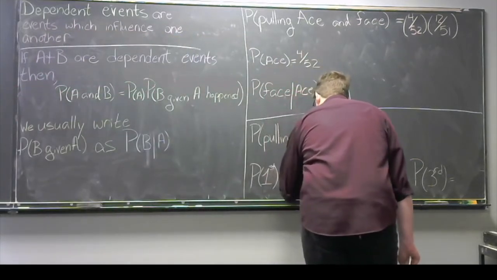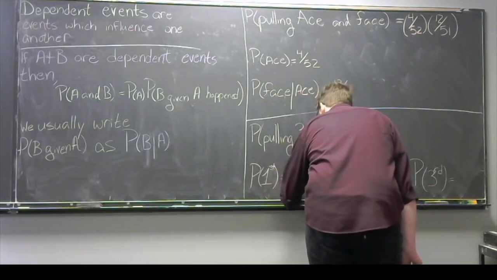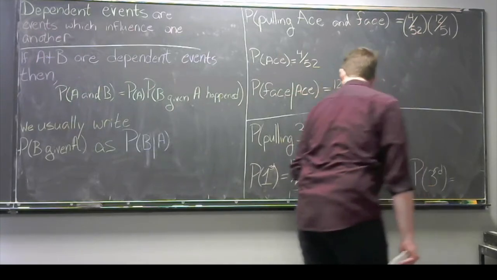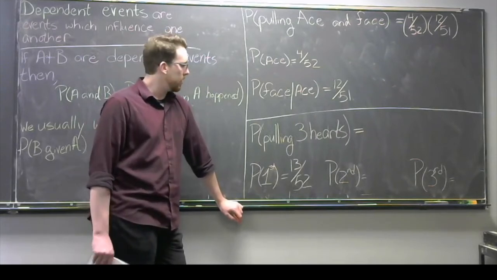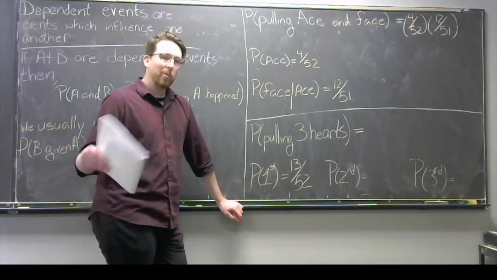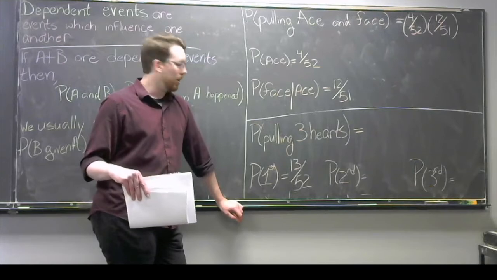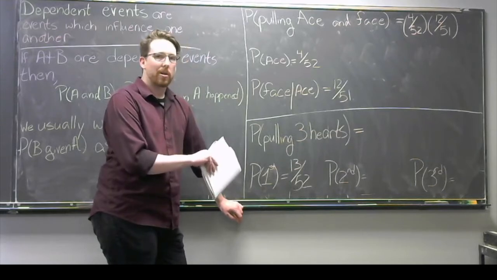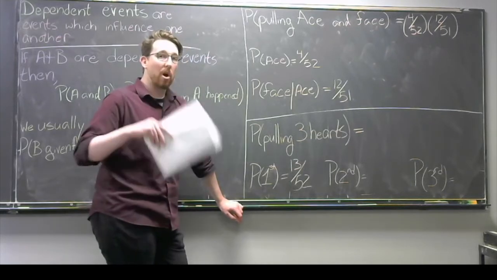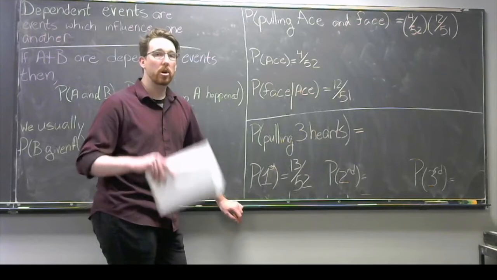It's going to have a probability of 13 over 52. Well, we just pulled 1 heart, and 1 card, right? So there's 1 fewer hearts and 1 fewer card.